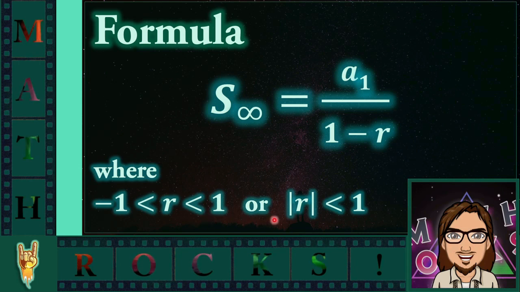Or we may also say that the absolute value of r is less than 1. You have also learned that in the definition of the common ratio, it is actually a non-zero real number.